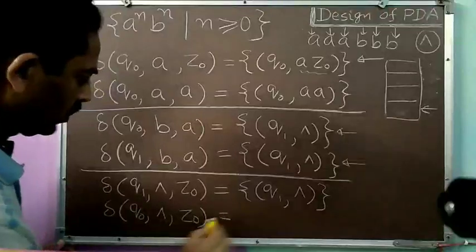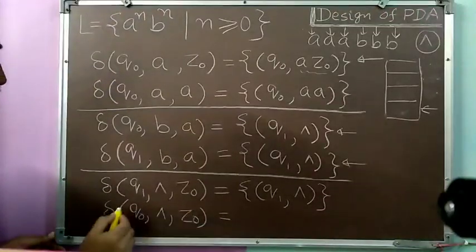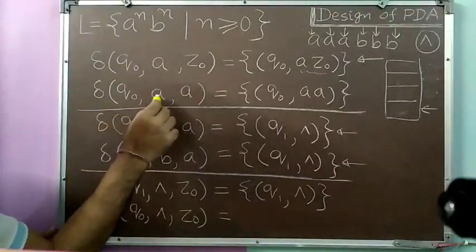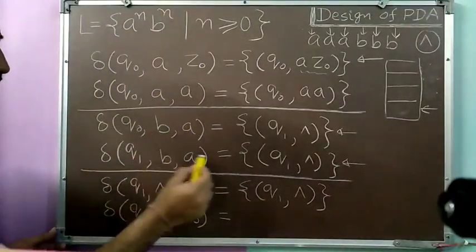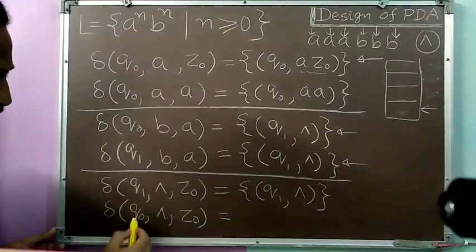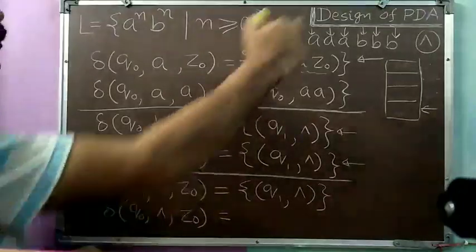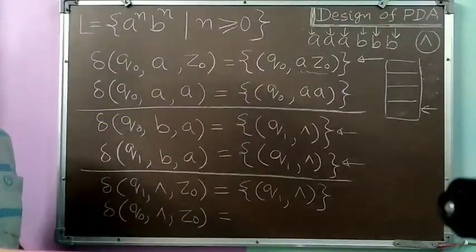If you look, corresponding to this I do not have any transition mentioned here. It is q0 a z0, q0 a a, q0 b a, q1 b a, q1 null z0. Corresponding to q0 null z0, there is no transition written here. So I have to add a transition corresponding to it as well.